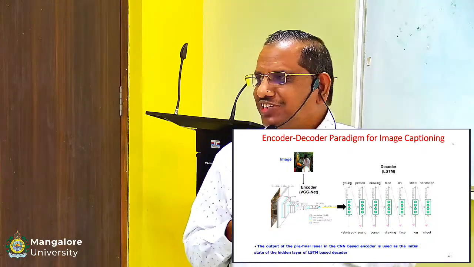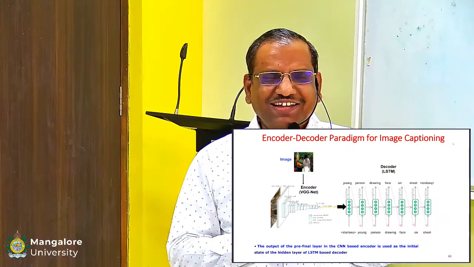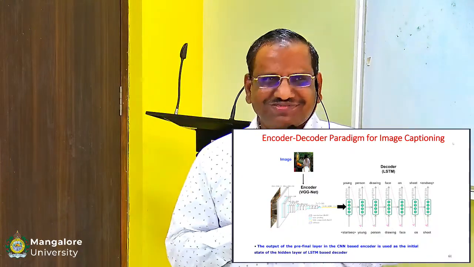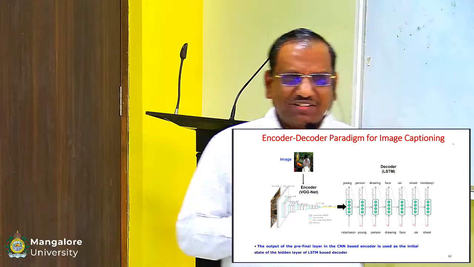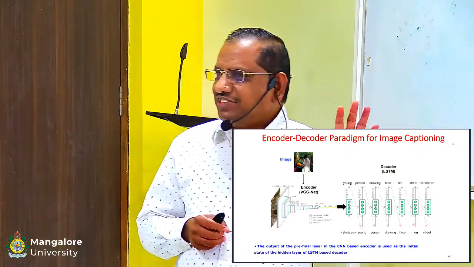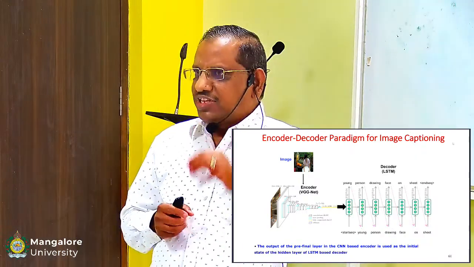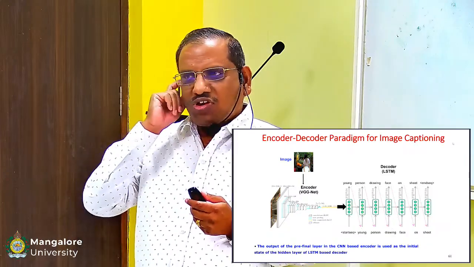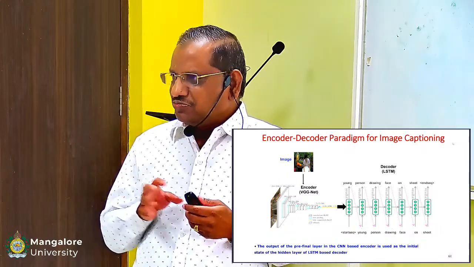And how do we represent the words was one of the questions that was being asked. Because anything that goes as input to the model has to be a feature vector. Like we talked about representing an image by a feature vector, we also have to represent the words by a feature vector. There are many methods that have been explored for representing words. One of the commonly used methods is called word2vec.